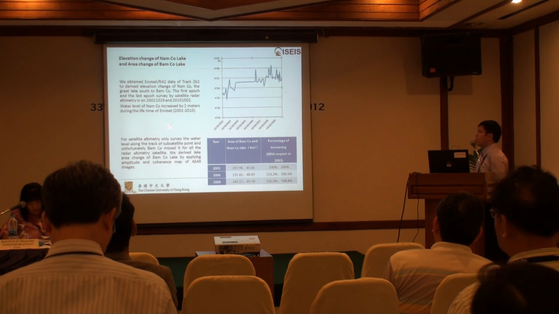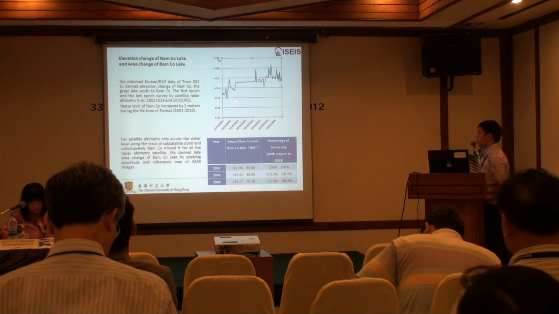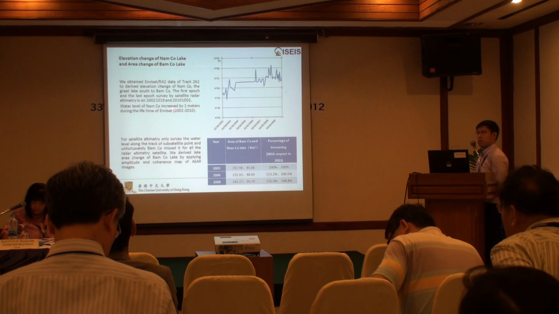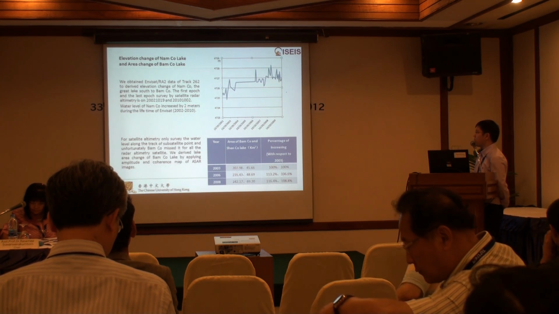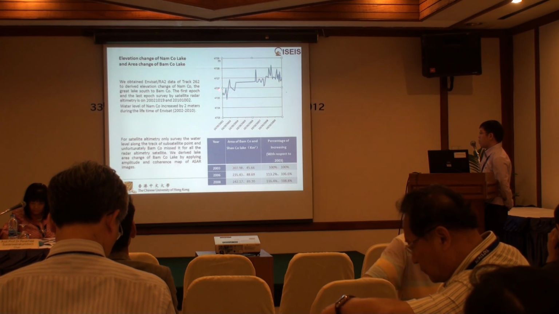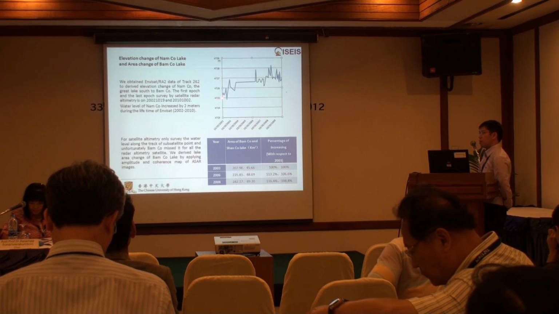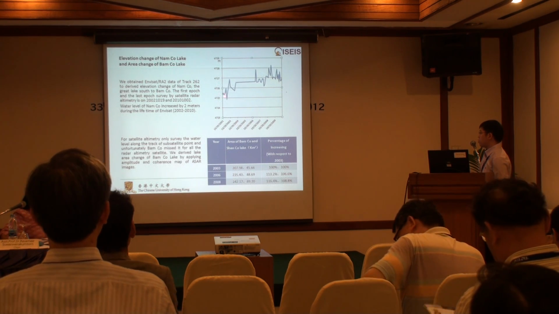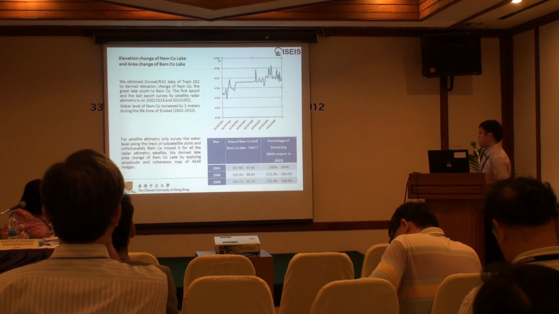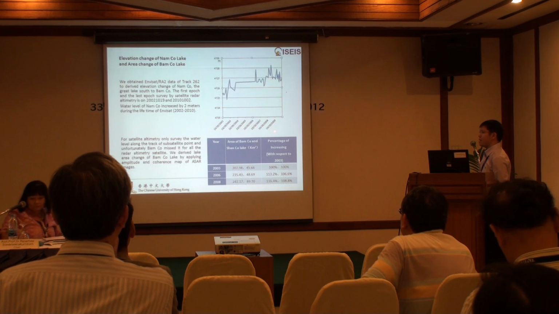Unfortunately, we missed about 3 years of data because the satellite seems not to work when it covers this area. But still, we got the altimeter information for Namso: an increase of about 2 meters in this 8-year range.